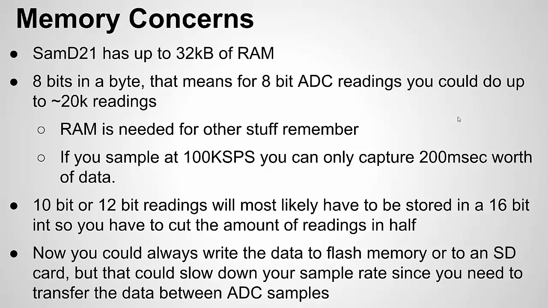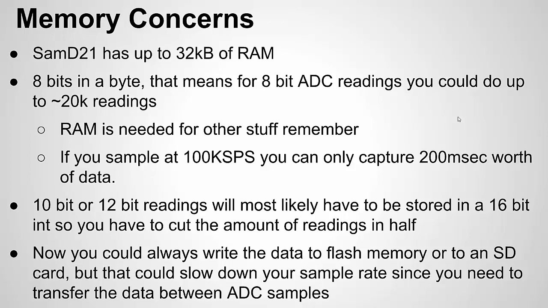Now we could use an SD card that could be 32 gig or something like that. All of a sudden we have a ton of memory, but we have to write to that SD card using SPI. So we have to make sure that our sample rate is lower than the time it takes to write to the SD card, or else we'll run out of space in RAM trying to write all of our readings to the SD card.